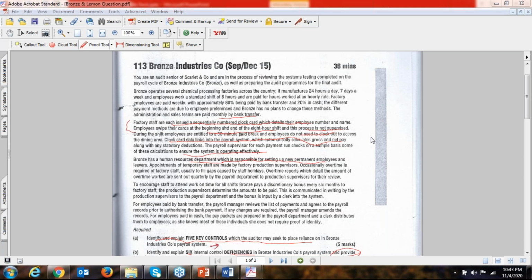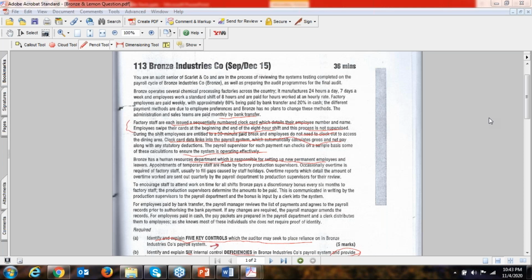If the employee is eligible for a 30-minute break and he spends 1 hour on a break, he is getting excess salary of 30 minutes. So this is a deficiency. You people understand how to write the answer, why it is a deficiency and what the impact is. Now, what would be the recommendation?